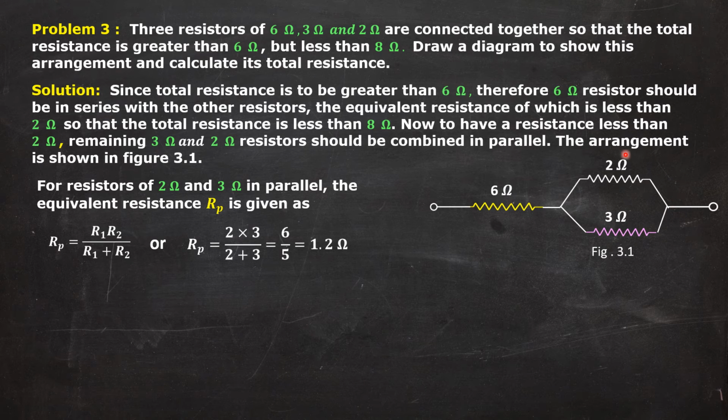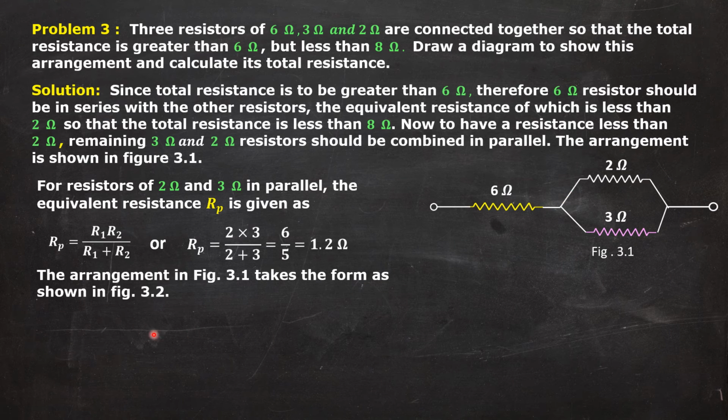That means we can remove these two resistors and connect a single resistor of resistance 1.2 ohms in series with the 6 ohm resistor. The arrangement in figure 3.1 takes the form shown in figure 3.2, like this: 6 ohms and here 1.2 ohms.